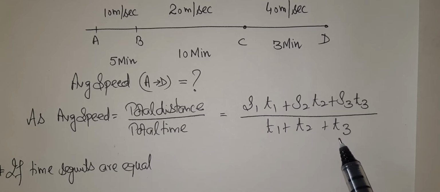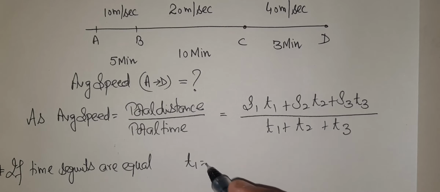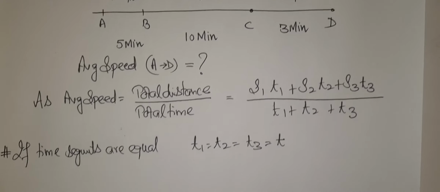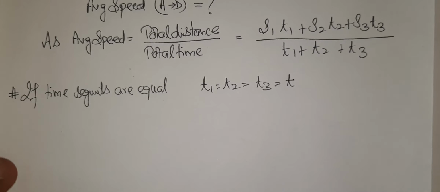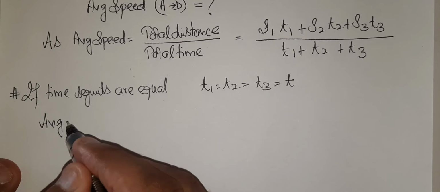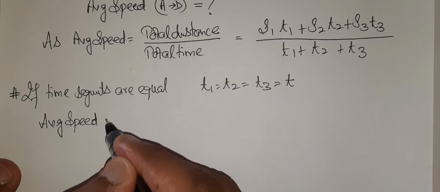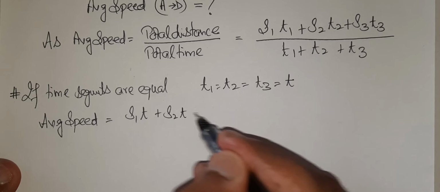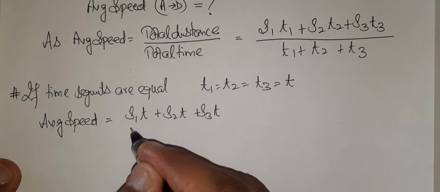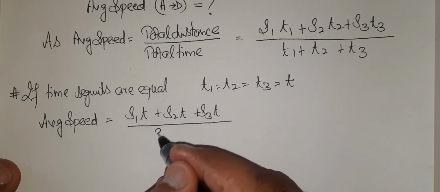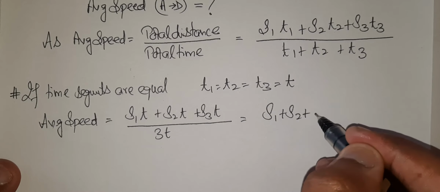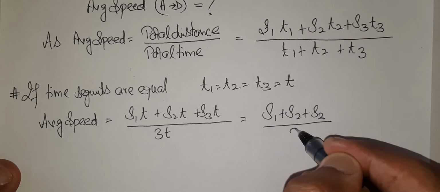T1, T2 and T3 are all T. If T1 equals T2 equals T3 equals T, then see what situational change comes for average speed. Average speed will be S1 T plus S2 T plus S3 T divided by T plus T plus T, that is 3T. T is common and we get S1 plus S2 plus S3 divided by 3.